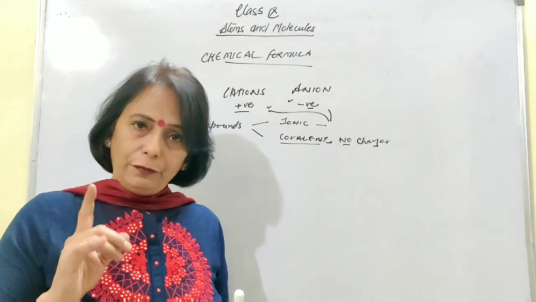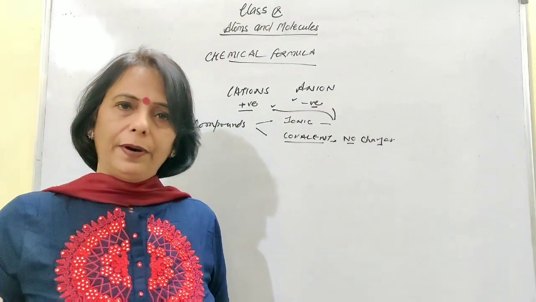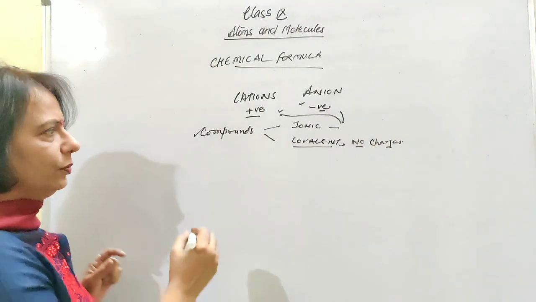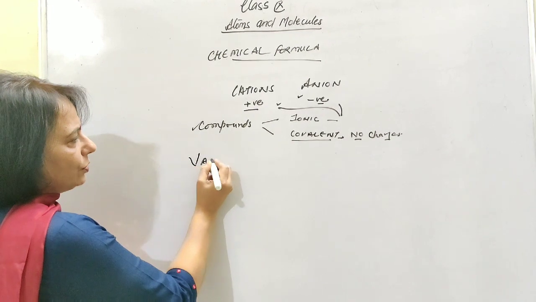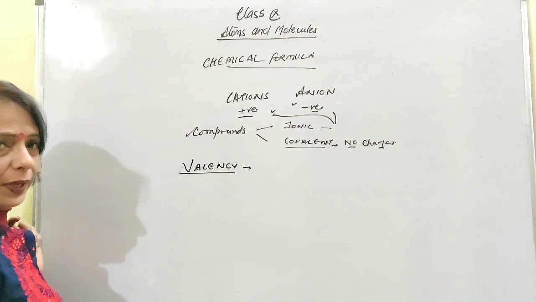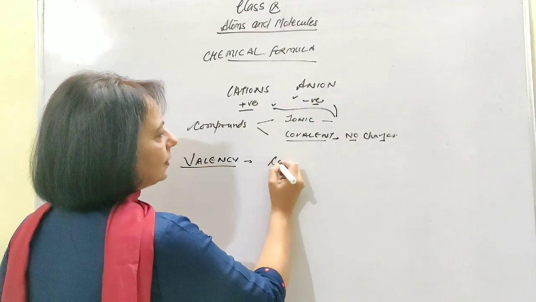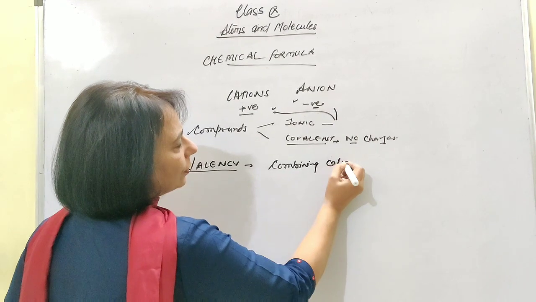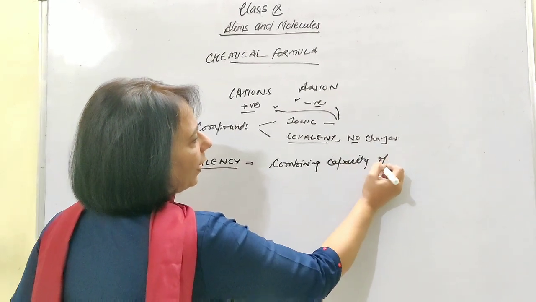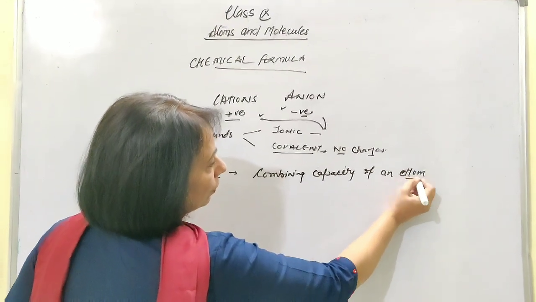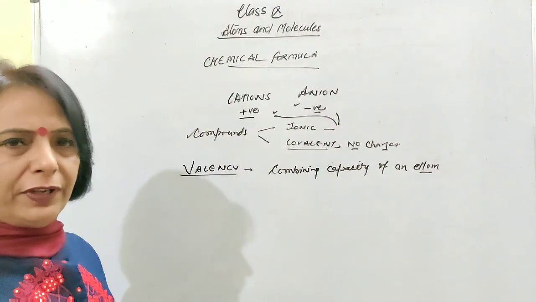For writing down these chemical formulae, valencies are taken into consideration. Now I am introducing a new word, valency. What is valency? This is the combining capacity of an atom. This is a simple definition you can very easily learn.